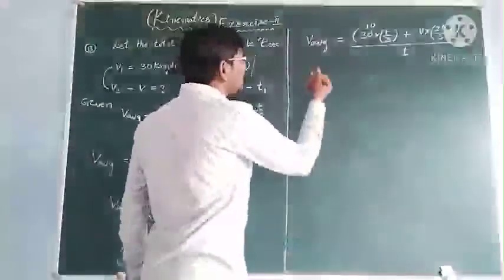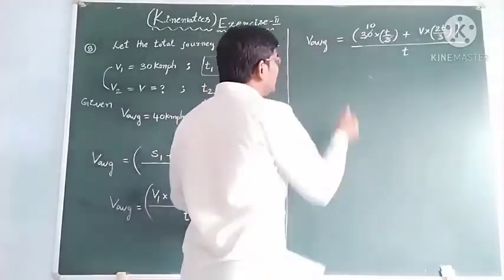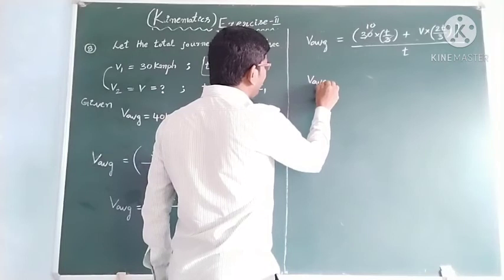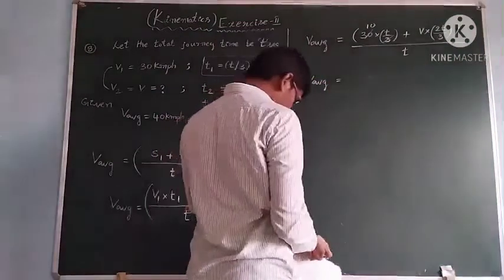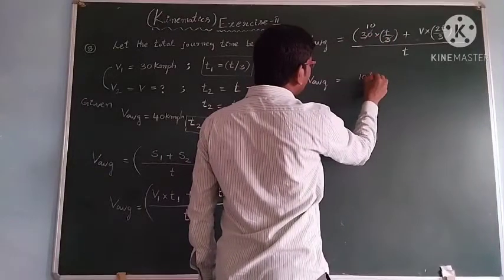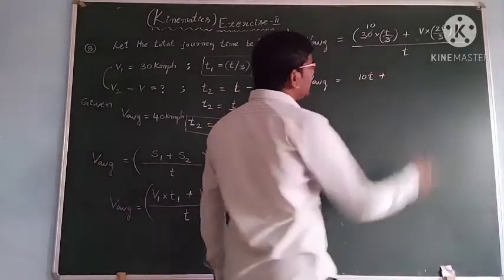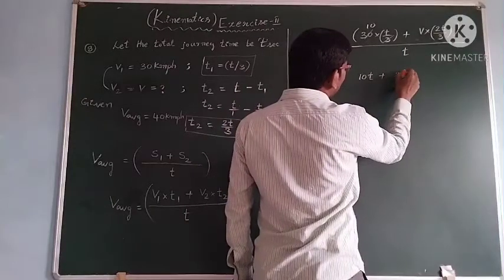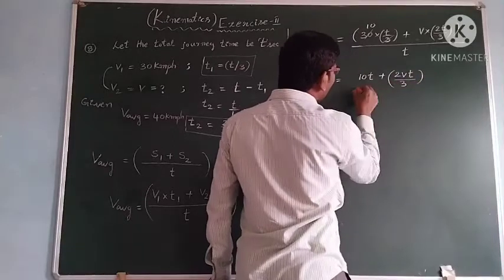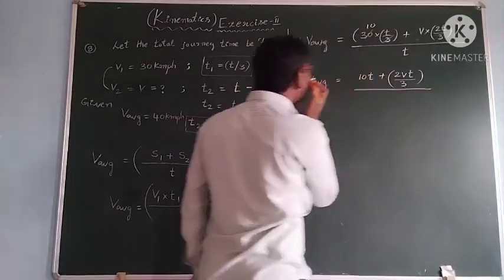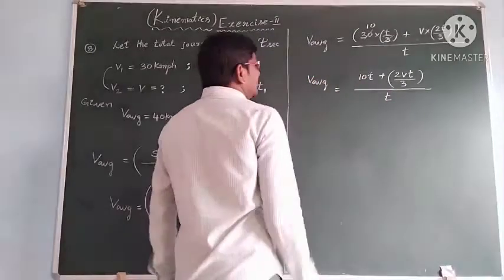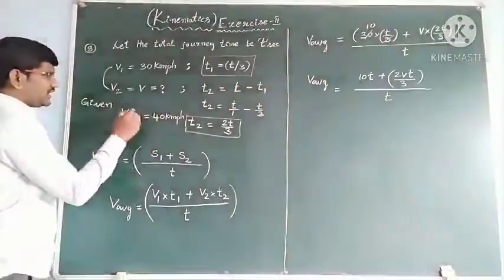Students, see, V average is equal to 10T plus 2VT by 3, divided by T. This V average is given as 40 kmph.